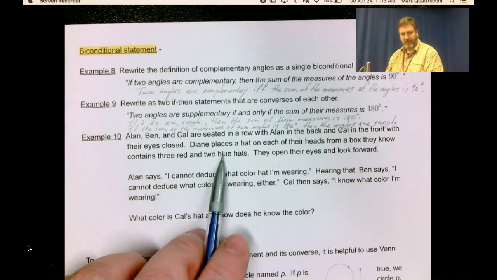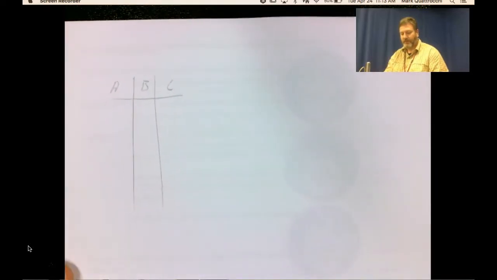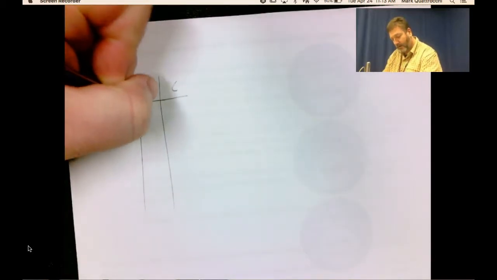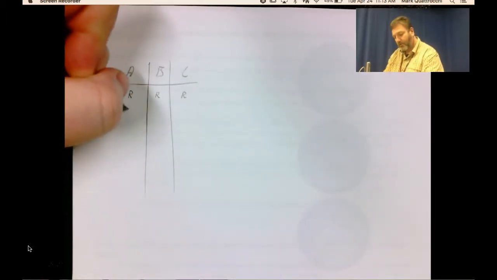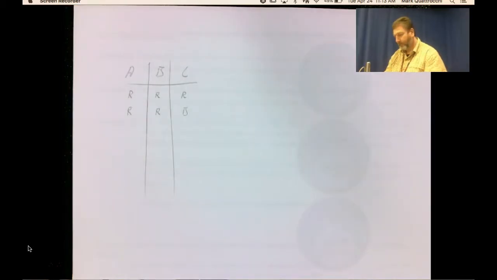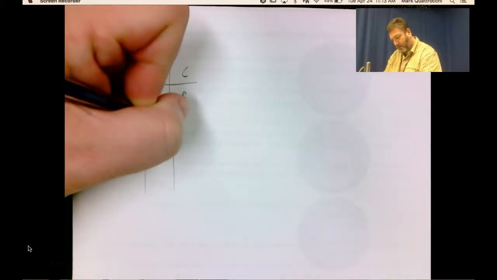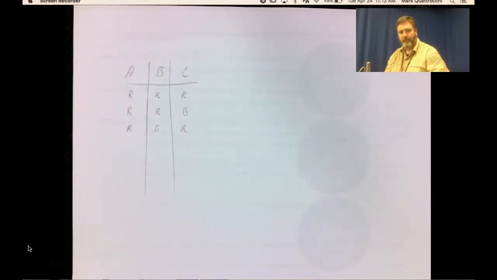and 2 blue hats. So, it could be red, red, red. It could be red, red, blue. It could be red, blue, red.